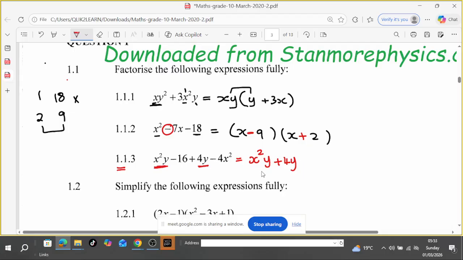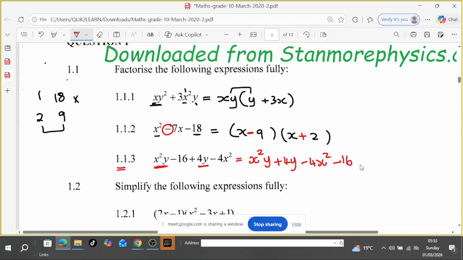When we add that, we'll be left with minus 4x squared minus 16.